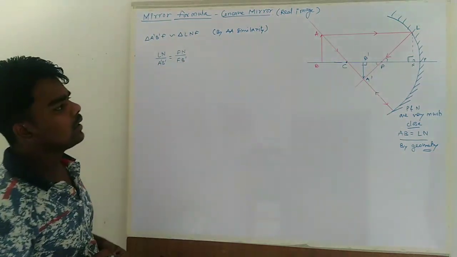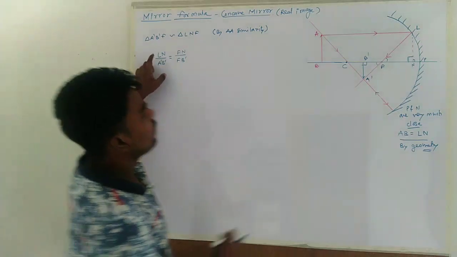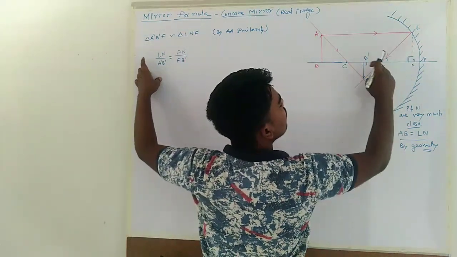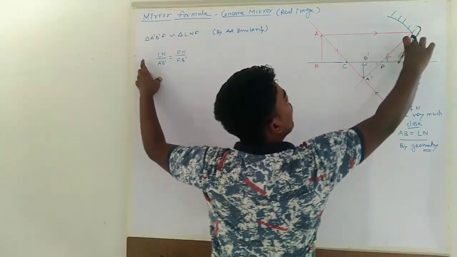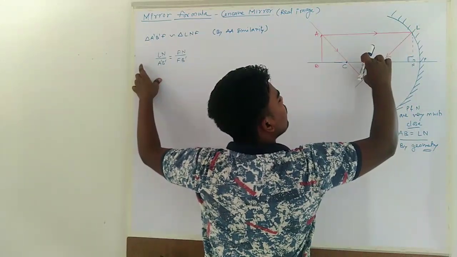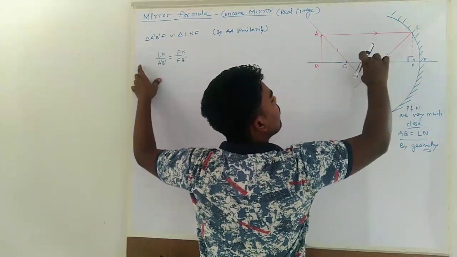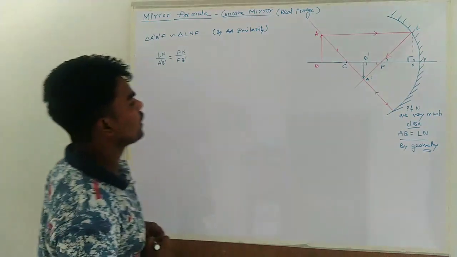Can we write this? Yes, we can write, because both of these triangles are similar. So Ln upon AB, A dash B dash we can write, and Fn upon Fb dash we can write.